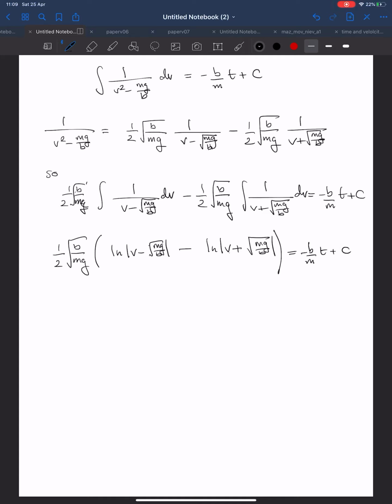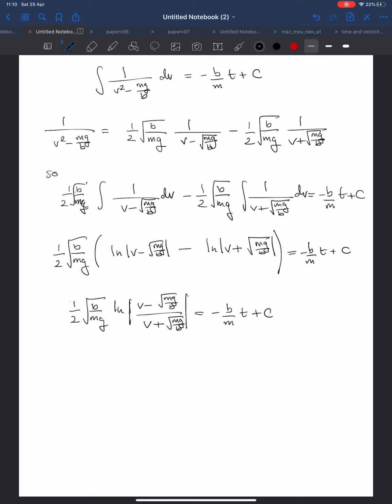Then I can combine this. So I have 1/2 square root of b mg ln, now one big modulus, using the law of logs and properties of the absolute value function. Then I have the following.